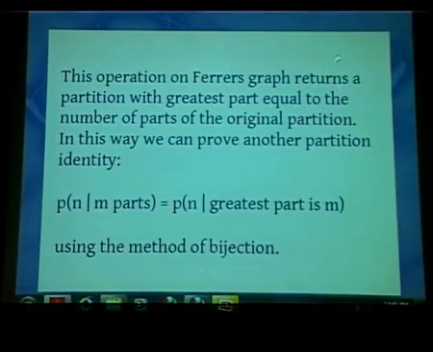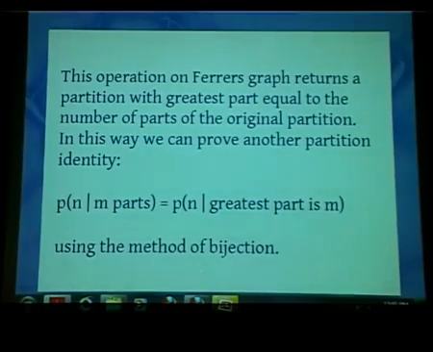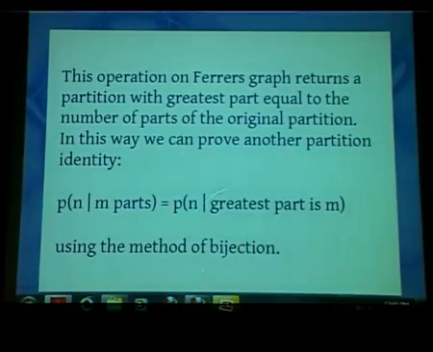This operation on the Ferrers graph returns a partition with greatest part equal to the number of parts of the original partition. In this way you can prove another partition identity: if you want partitions having m parts, that means all the animals lined up in only m rows, that number can be equal to the number of partitions whose greatest part is m.